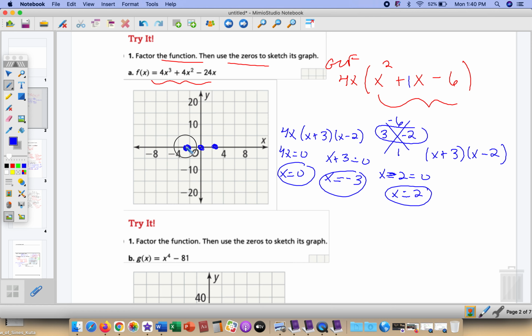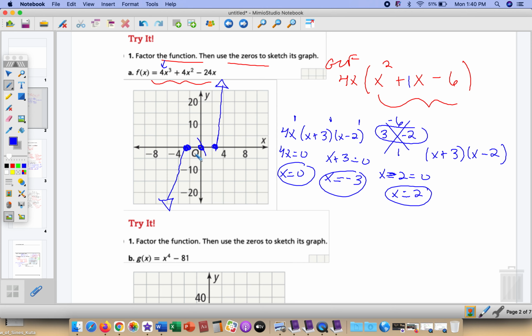Negative 3 will sit right there. Leading coefficient is positive, so we know we're up over here. Degree is odd, so we're going to be down there. And we know we're going to cross at each of these because each of them had power 1. So we're going to go like this. Bam. We know we're crossing there. We know we're crossing there.